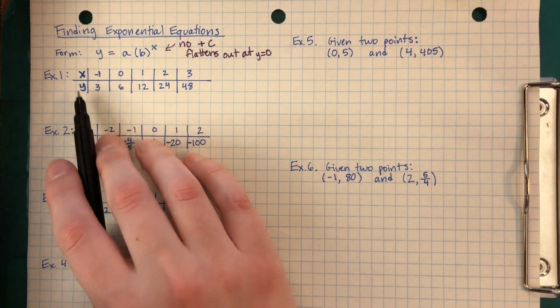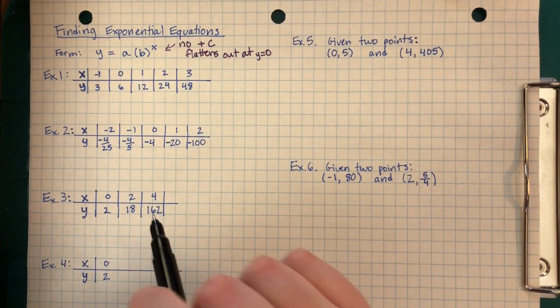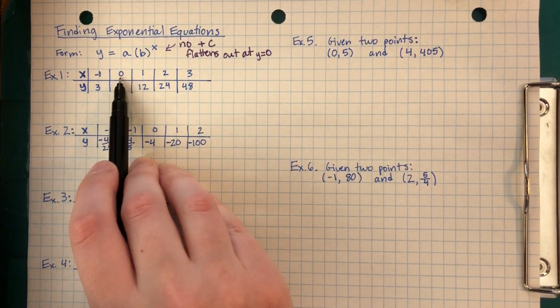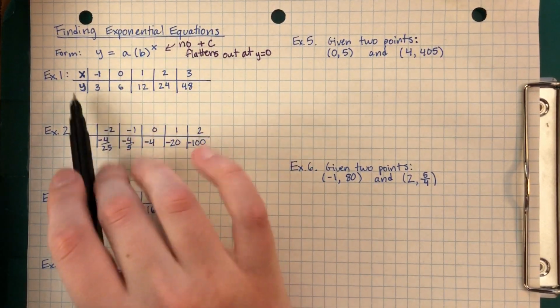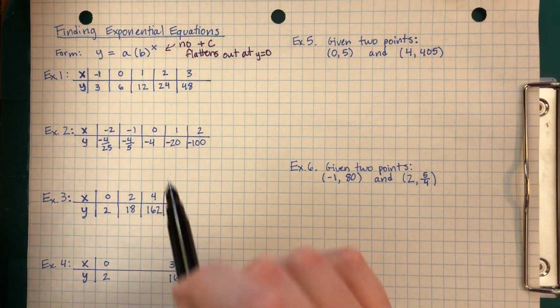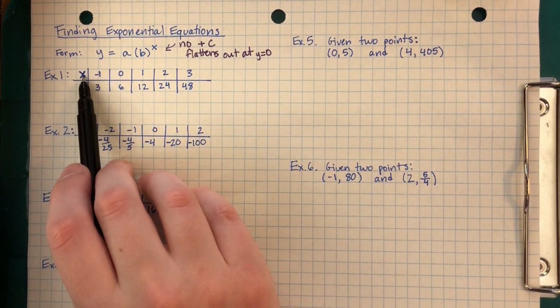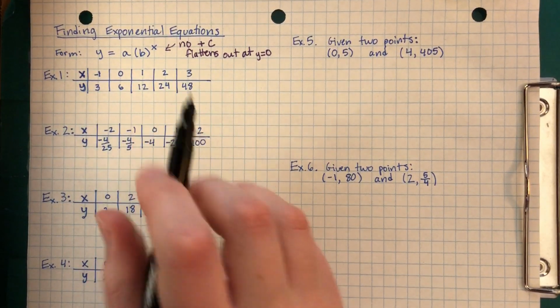Okay, so the first couple examples here are not too bad, because if you look at the table, we have x values that are increasing by 1, and we have a few of these to look at. So it'll be pretty easy for us to tell what the pattern is here. So x goes -1 to 0 to 1 to 2 to 3.